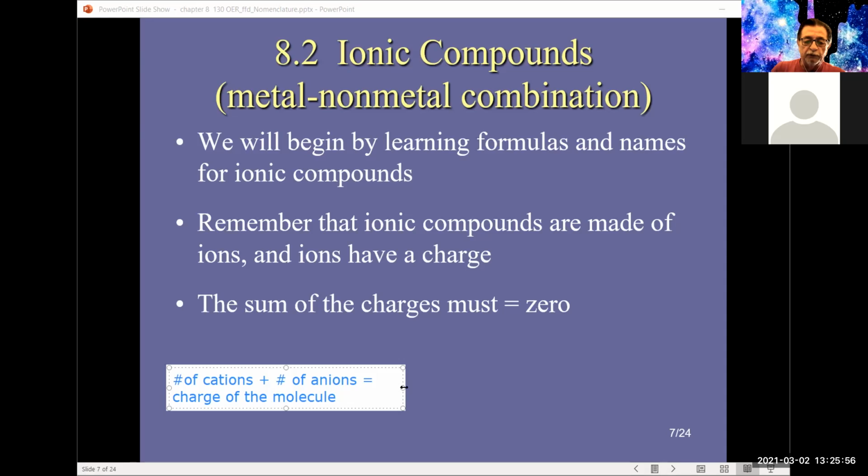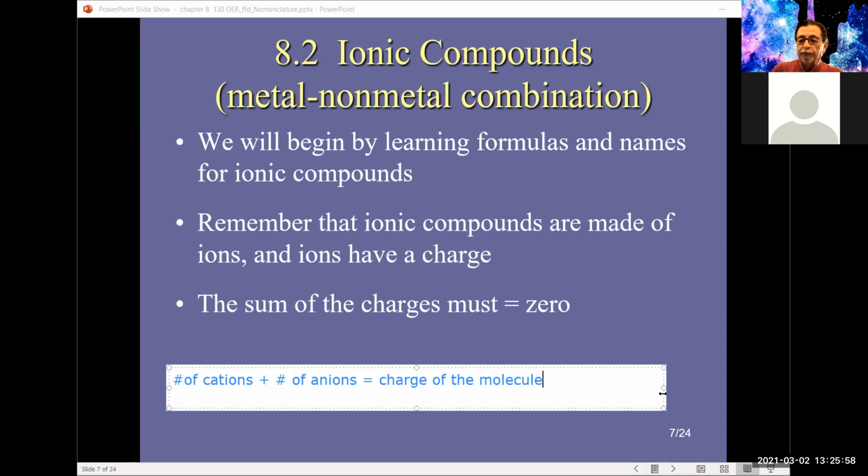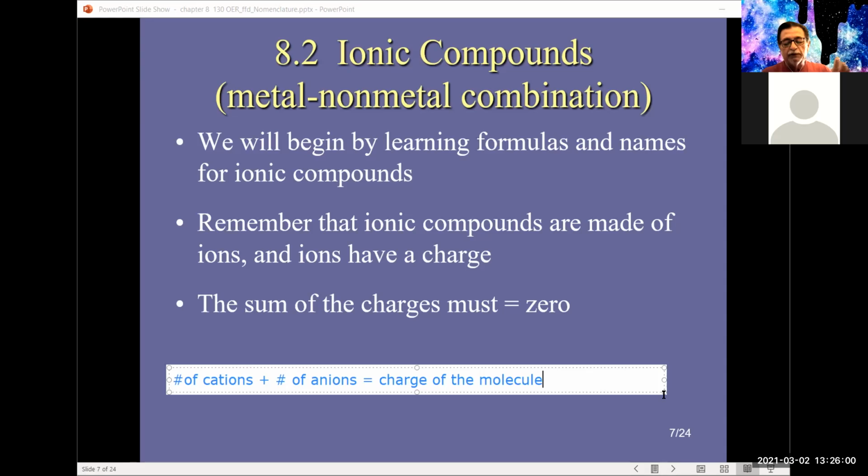This general formula would encompass all the possibilities you have. Most of the time, the charge of the molecule will be 0. However, if you look at the polyatomic ions, like the sulfate, SO4 2-, in that case, the charge of the molecule is -2.